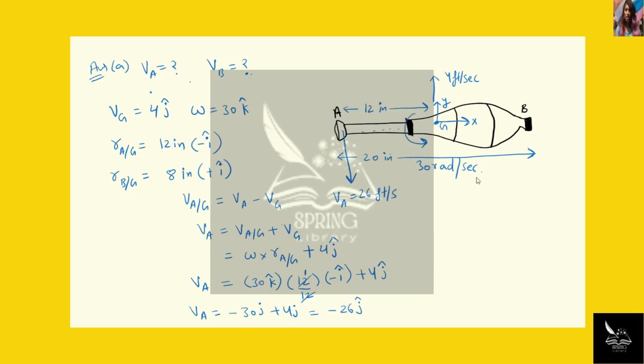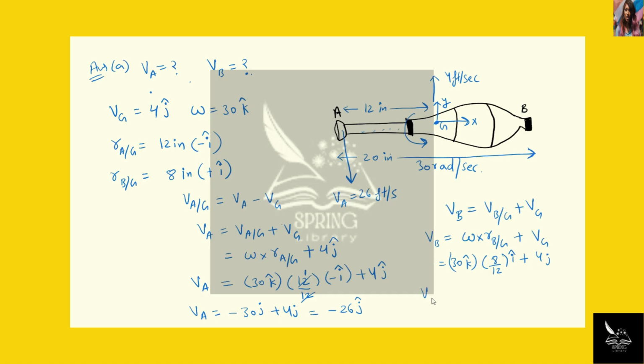Now we calculate the velocity of point B. This is VB with respect to G plus Vg. So the velocity of point B is equal to omega cross R B/G plus Vg. Omega is 30 k cap, and the distance is 8 inch, changed into feet, so this is 8 by 12 i cap, plus Vg which is 4 j cap.